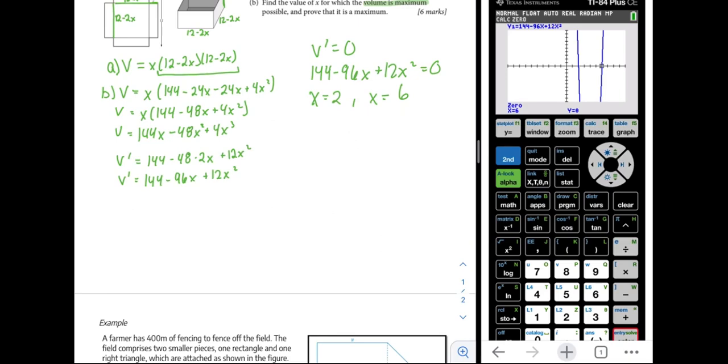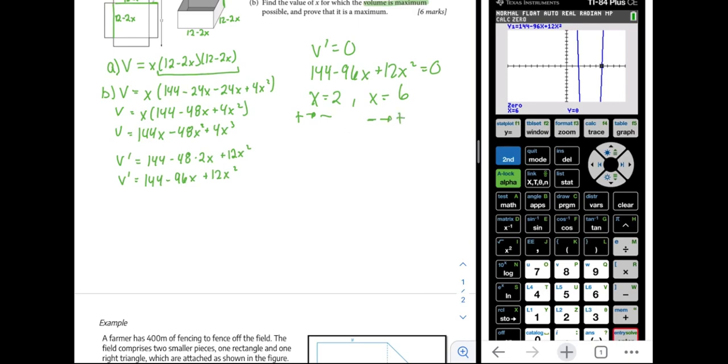Since we have graphed the derivative function, the derivative goes from positive to negative when x is equal to 2. Let me write that down here. And for x is equal to 6, the derivative goes from negative to positive.